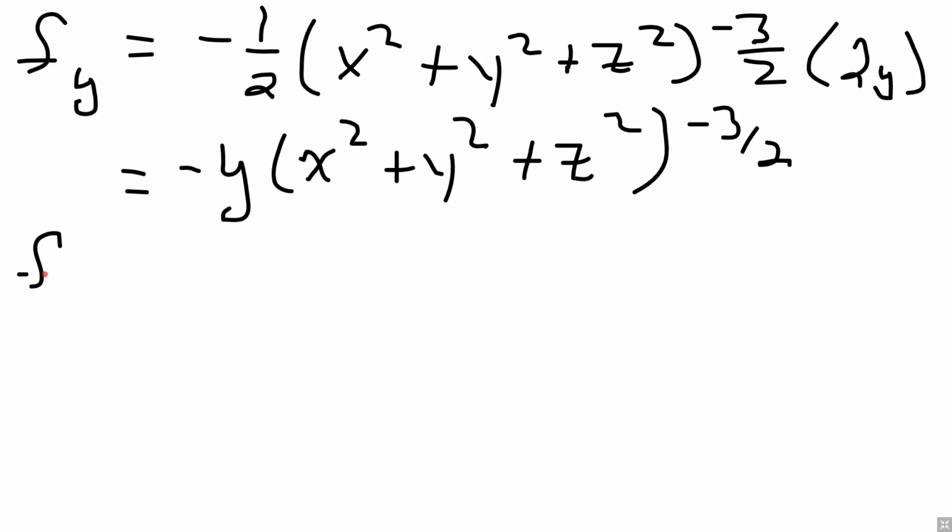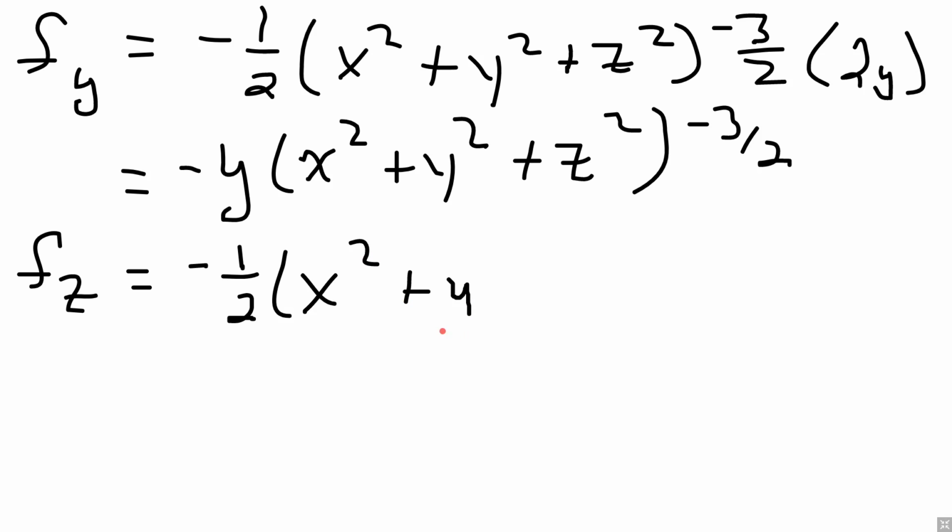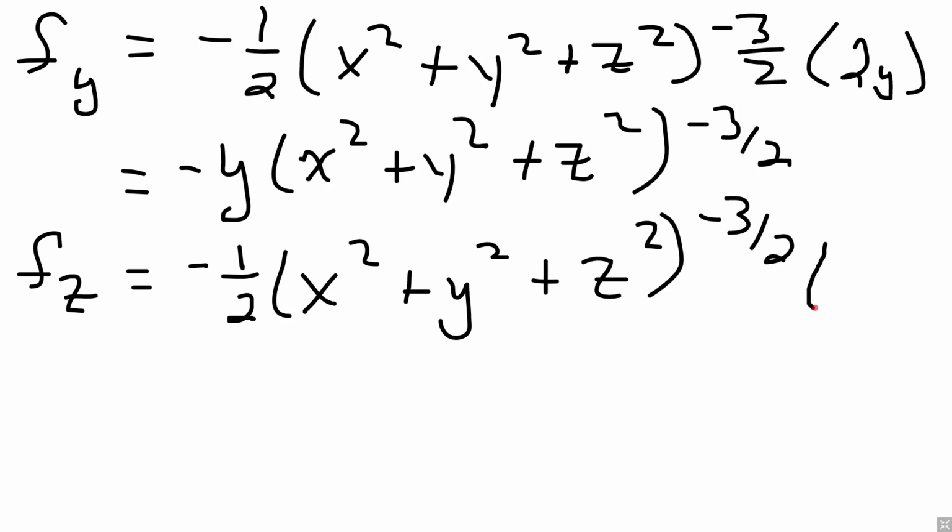Next, let's look at the partial with respect to z. This is going to start off the exact same way as the other two pieces, but we're going to multiply it by what? By 2z. Sorry, my bad.